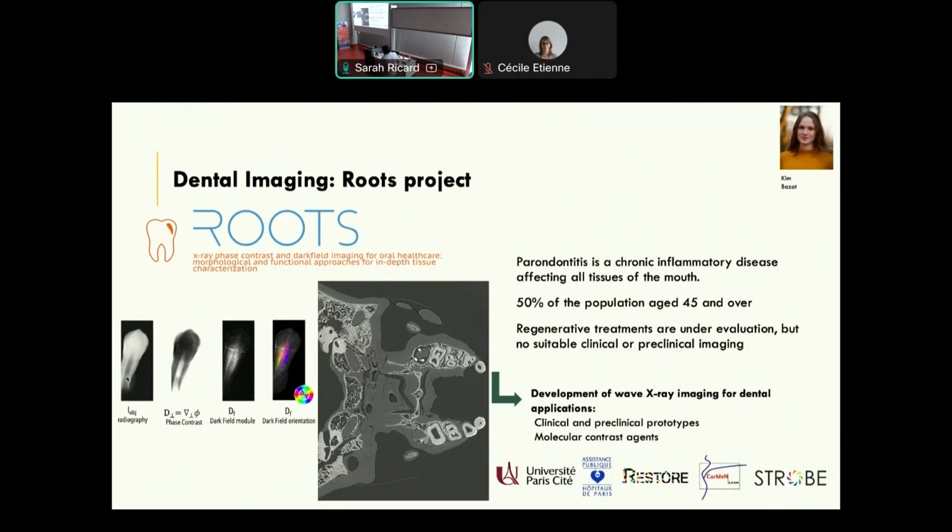Why are we dealing with this parodontitis? Because it's, like osteoarthritis, a chronic inflammatory disease that affects all the different tissues: mouth, bone, teeth, and also dental. And it's going to be a perfect demonstration that we are able to see all the different tissues at the clinical level with a clinical prototype outside of the synchrotron.